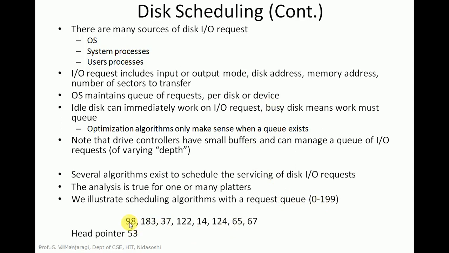The first IO request is 98 for the disk. The next one is 183, 37 and so on. Whatever IO requests we have are put into a request queue, and the head position is 53. Currently the head is at cylinder 53.